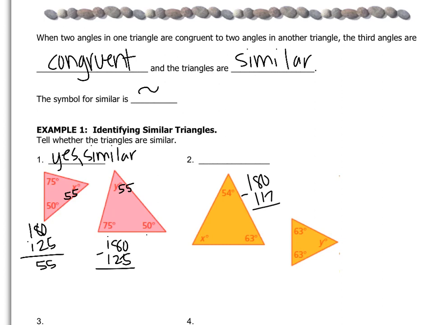So then when I subtract, I get 63. Oh, so they are, right? Because 63 and 63 is 126. And when you subtract that, you get 54. So see, just because it didn't look identical from the beginning, doesn't mean that they're not. So these are also similar.